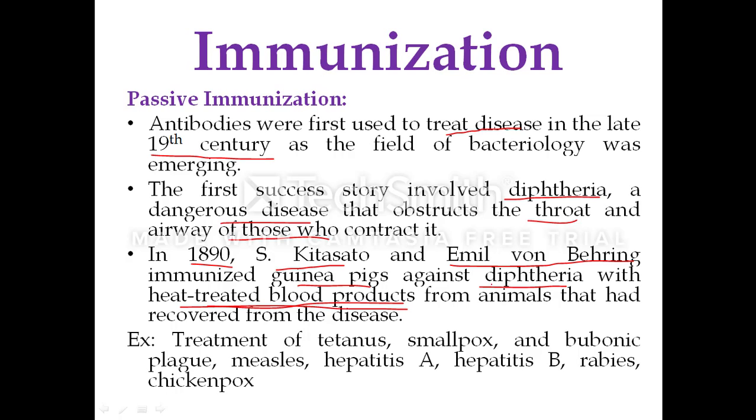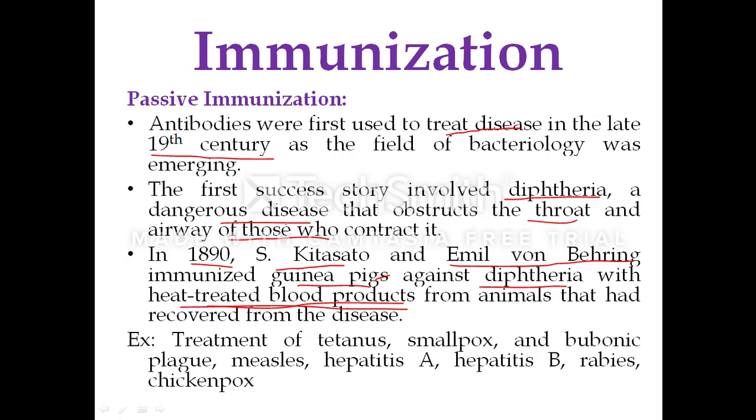So that heat treated blood products from the recovered individual was injected into the guinea pigs, and after injecting that, they collected the blood and they isolated the antibodies after repeated introduction of this heat treated the diphtheria blood products. So that was used to protect or to cure the diphtheria in the newly infected individuals.